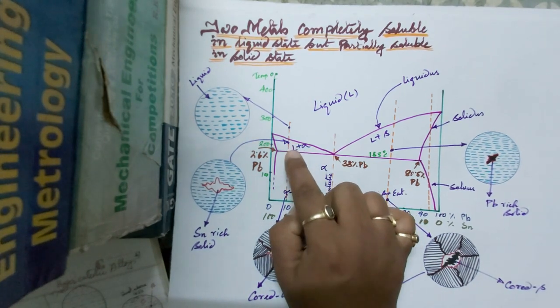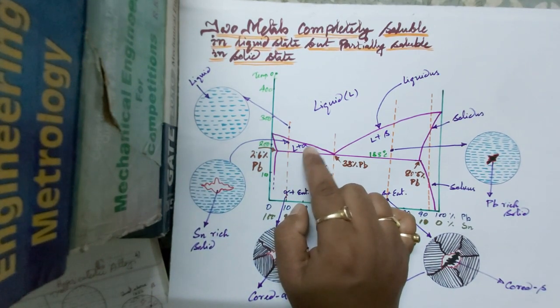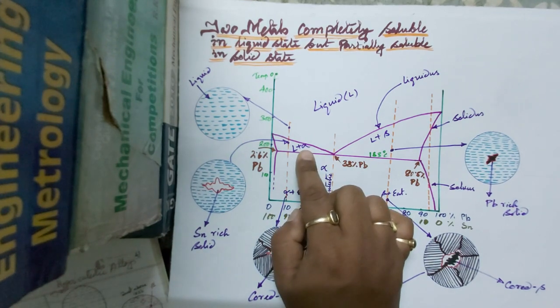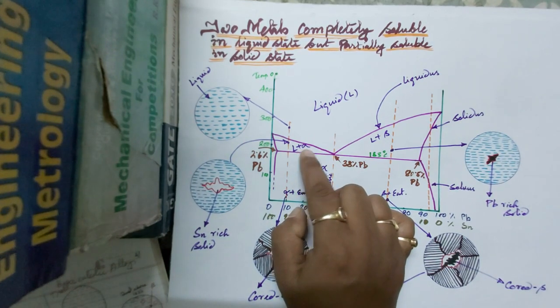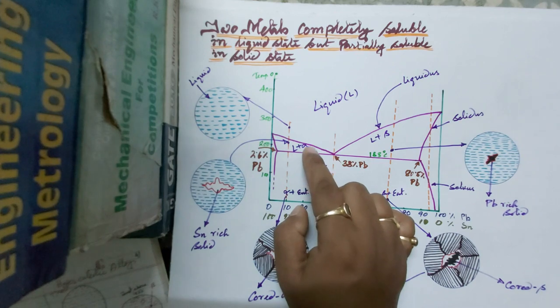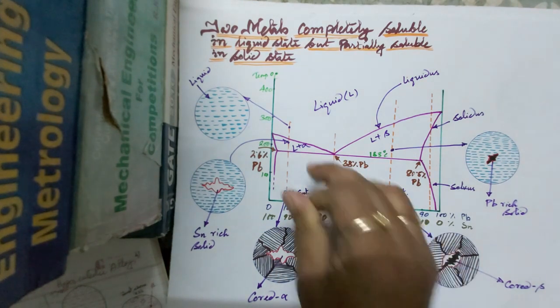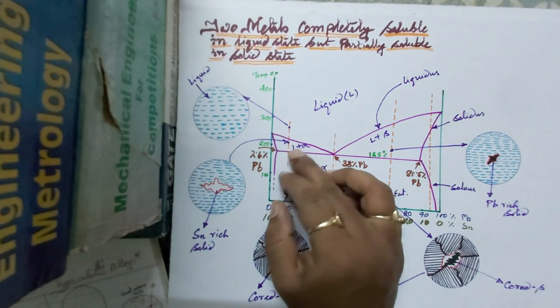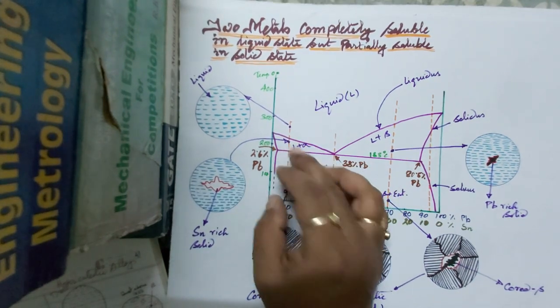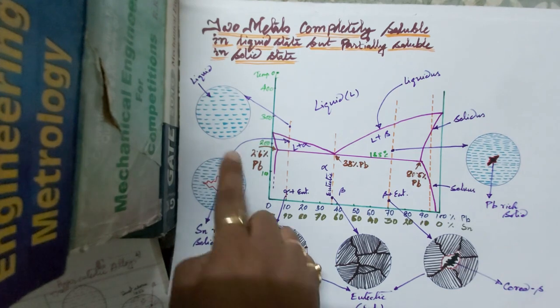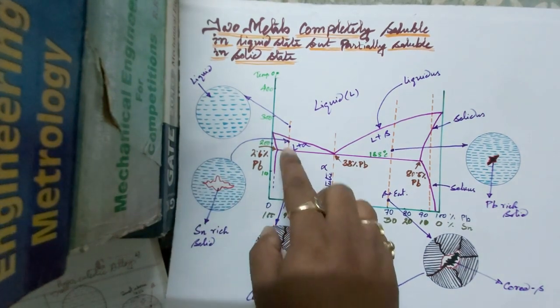Here the liquid is converting into alpha phase, by removing the latent heat, that's why we have these two phases in this region. So this is the microstructure at this region.